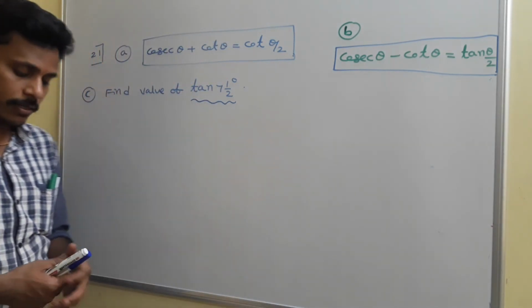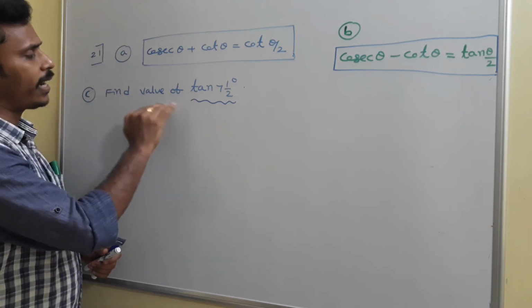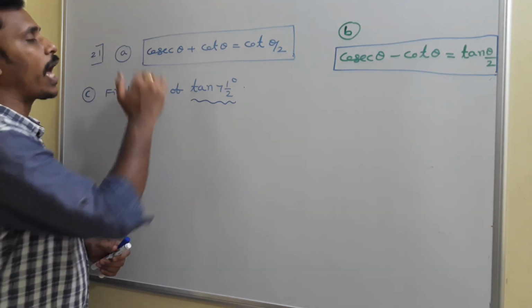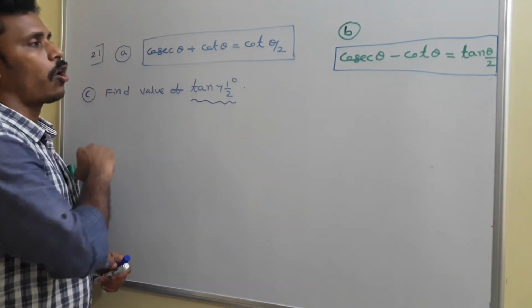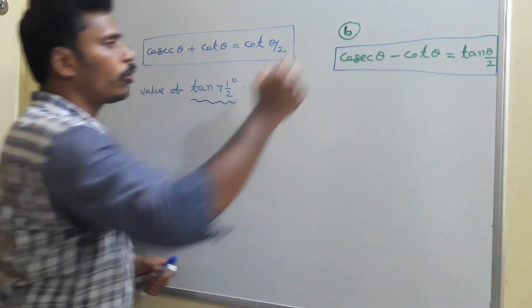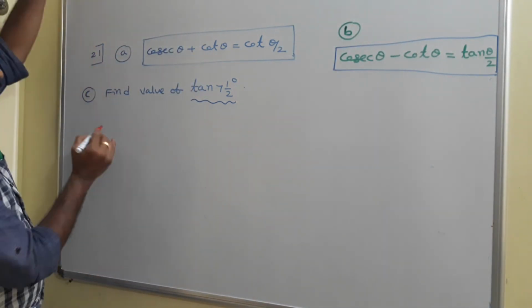Tan 7.5 degrees. Since it is the C bit, it directly suggests we use either A or B, right? Because A involves cot and B involves tan, you need to go with B. Now see tan 7.5 degrees.